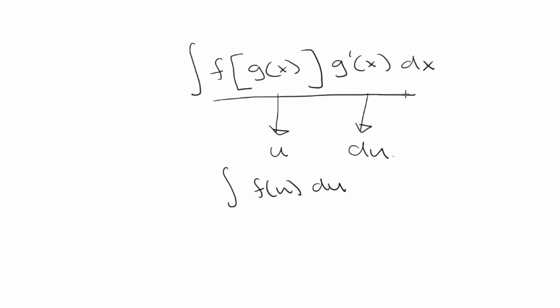So let's have a look at an example. Let's say I want to find the integral of cosine of x squared times 2x with respect to x. Well, the g of x is x squared, and the derivative of x squared is actually 2x.